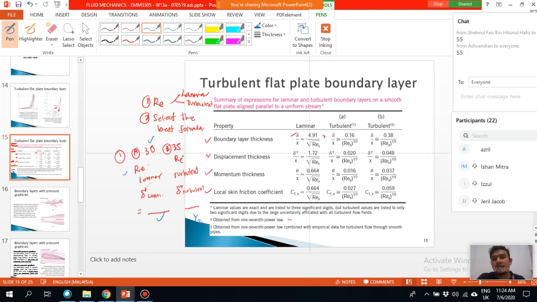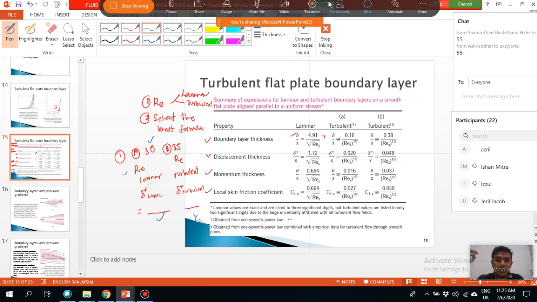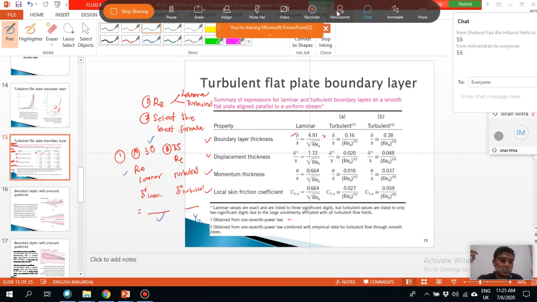So this is normally what we will test you on in the test. Why? Because we want you to understand. We want you to be confident to understand, to use as simple as this one: to calculate Reynolds number, do you want to use 30 or 35? You want to use the D or the length. So my advice, finding yourself is better for understanding rather than just being told.